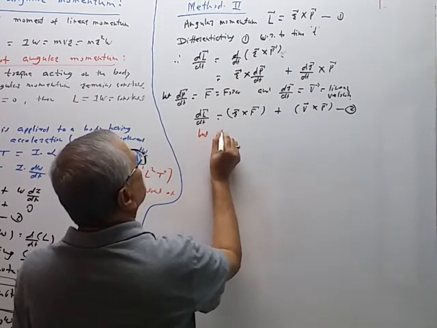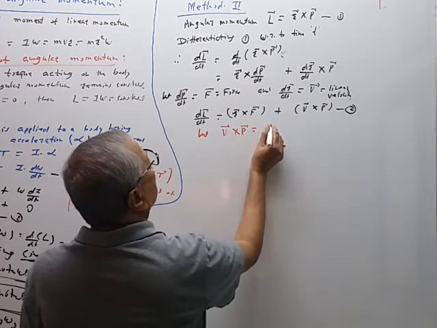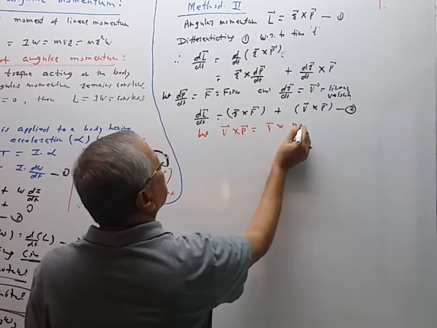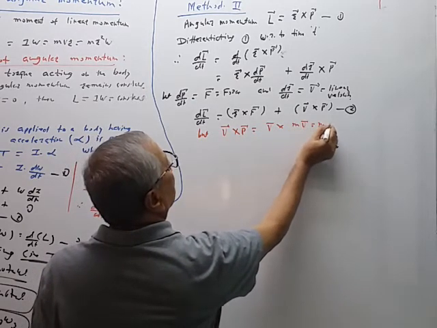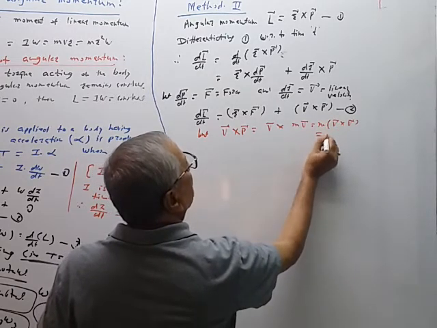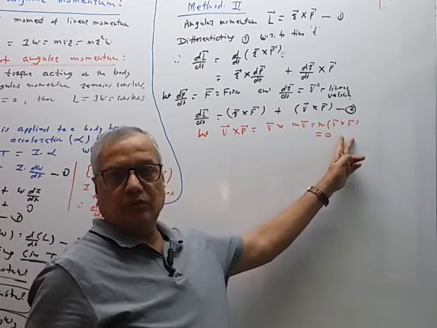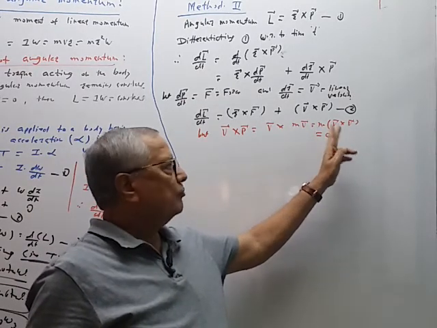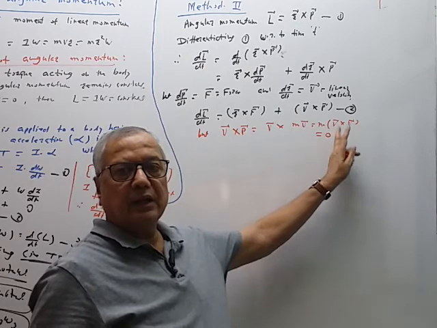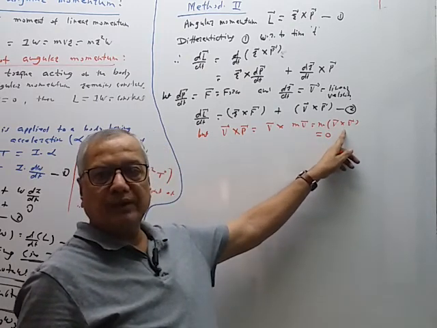But v cross p is equal to v cross m v, which is equal to m into v cross v, which is equal to 0. Self cross product is always 0: v into v into sin theta, the angle between v and v is 0, and sin 0 is 0. So we know this property of vector product.